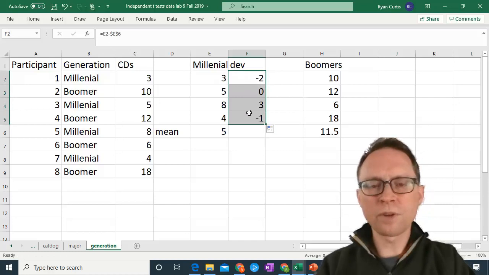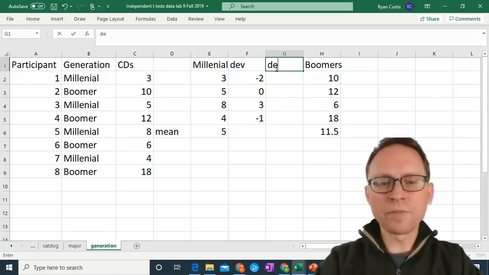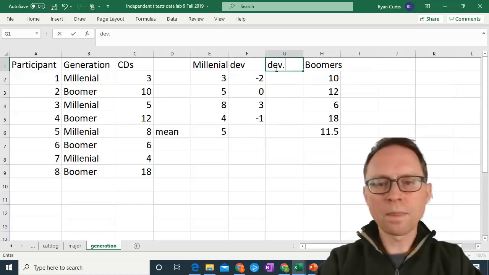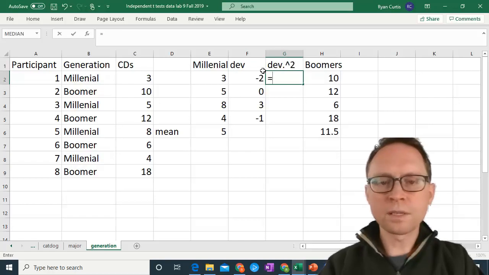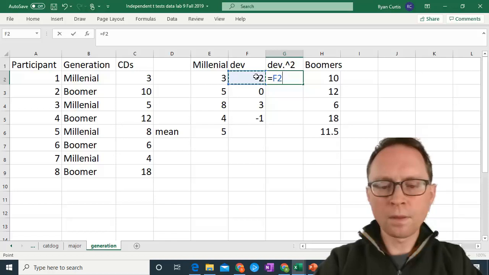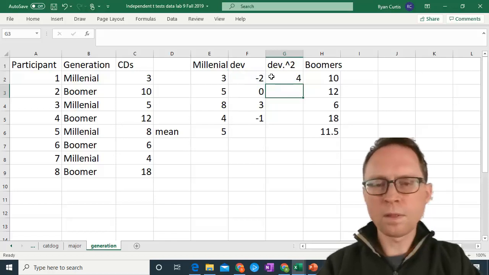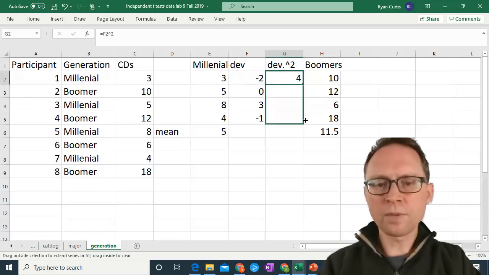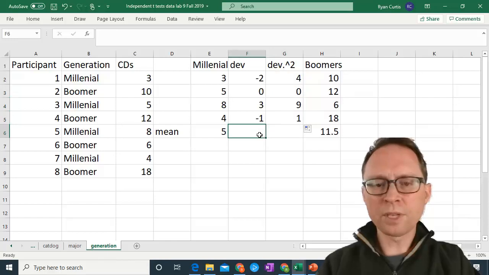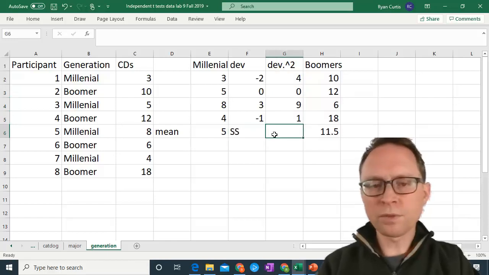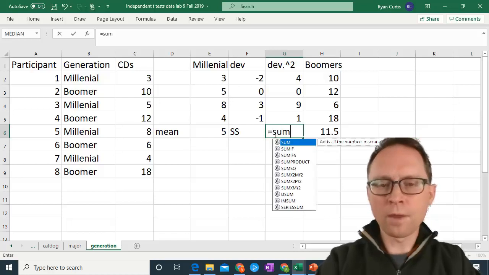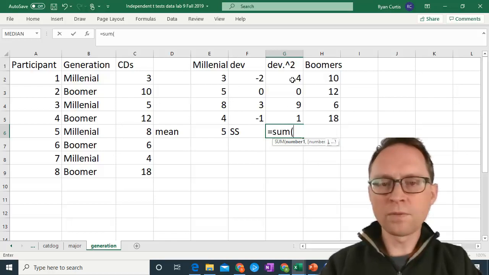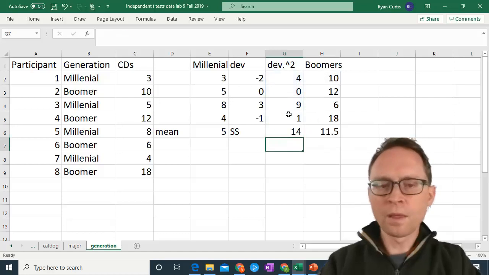Right there. These are all of our deviations. And these are going to be our deviations squared. When we add those up, we get the sum of squares.